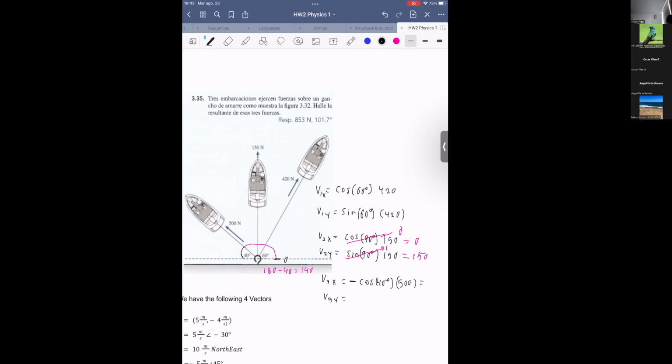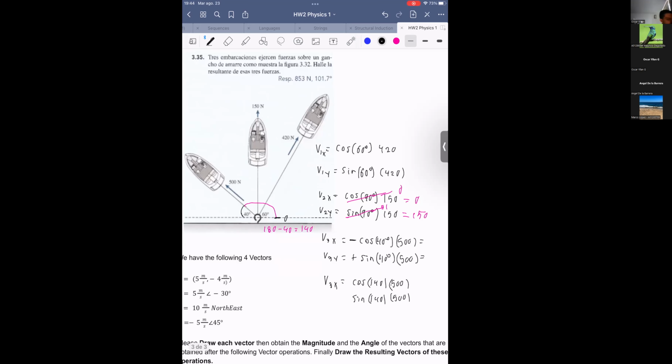And we are in the positive part of y, so it's going to be positive sine of 40 degrees times 500. These are the two ways: one is remembering in which quadrant you are, like in mathematics, and the long one is cosine of 140. They are equivalent, so do it as you prefer.